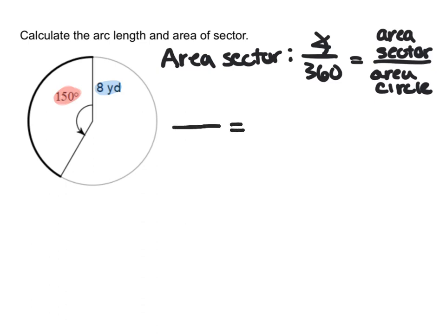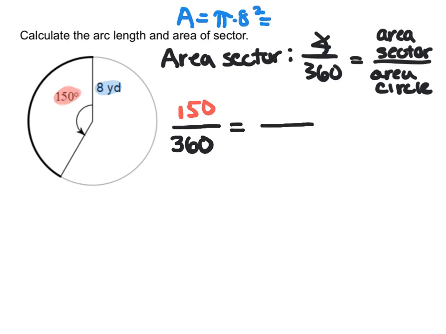So it's going to be 150 on the top over 360, and the area of the circle is pi r squared, so it'll be pi times 8 squared, which is 64 pi.